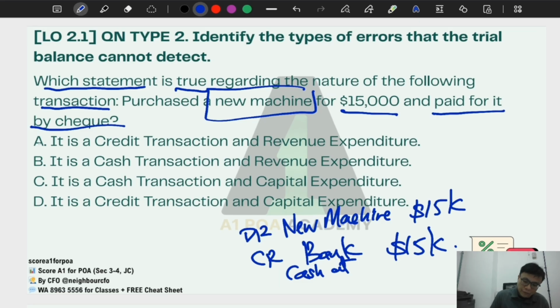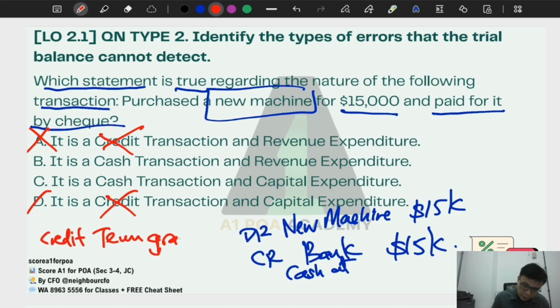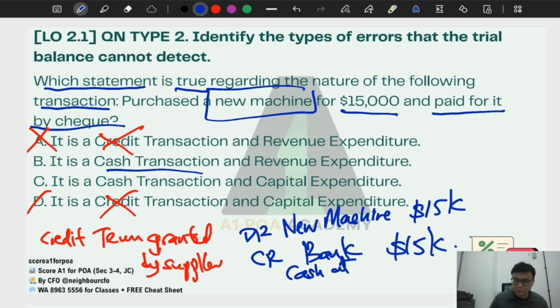Out of the four options, you can see that A and D will not be applicable, because A and D are telling you that it is a credit transaction, whereby credit terms were granted by the supplier. So we are left with only two options, B and C. For B, it is a cash transaction, yes, correct. And revenue expenditure.